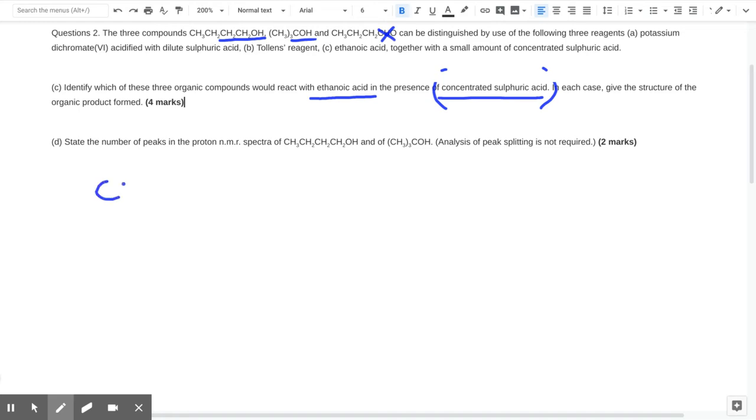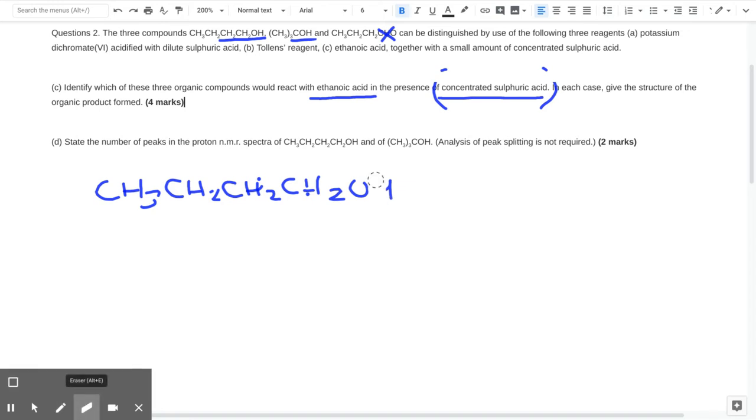So we're going to create the butanol compound first of all, the straight chain butanol compound. That's going to take the straight chain part of the alcohol. It's going to remove the hydrogen. It's then going to bond that to the carboxylic acid end, the ethanoic acid, and give us that type of structure.